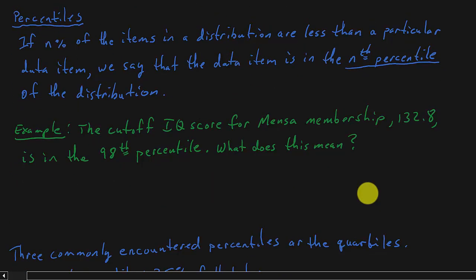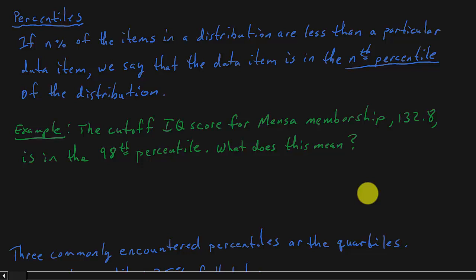All right, so percentiles, we're not going to get into a lot of it, basically just mentioning it in here. It says if n% of the items in a distribution are less than a particular data item, we say that the data item is in the nth percentile of the distribution.